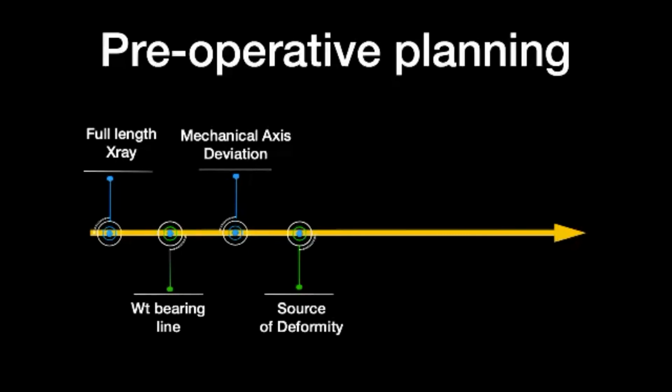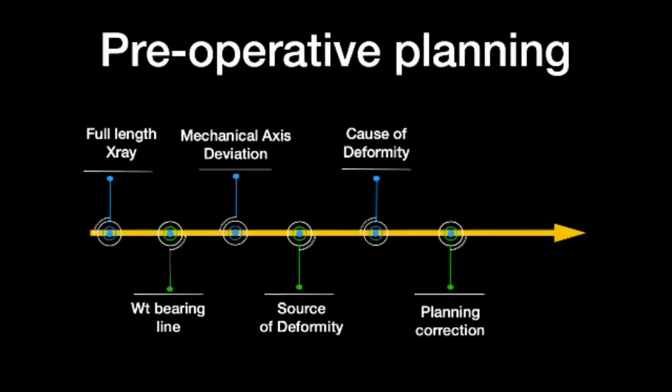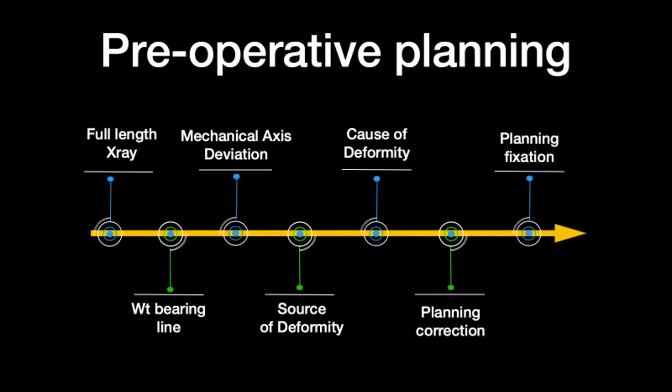Then I will talk about how to determine the source of deformity, then the cause of deformity, then how to plan the correction, and finally how to plan the fixation. I'll be talking about all these headings in my further presentation.